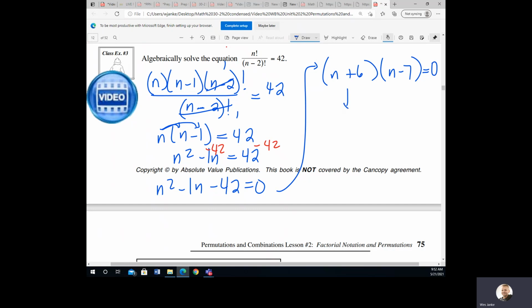So the solution for this is n equals negative 6. Or for the second one, n equals 7. But because we want the n to be a whole number, this one we're going to reject because it's a negative. So the answer for this equation is n equals 7.